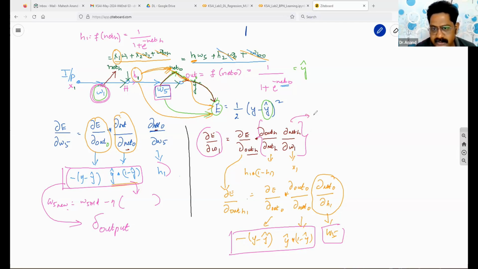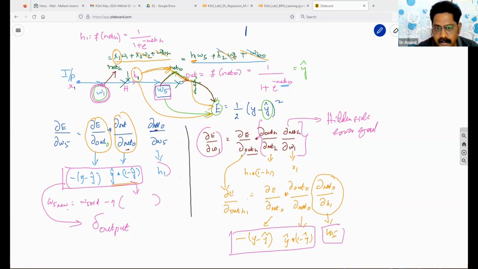This is the output side. Hidden side error gradient.